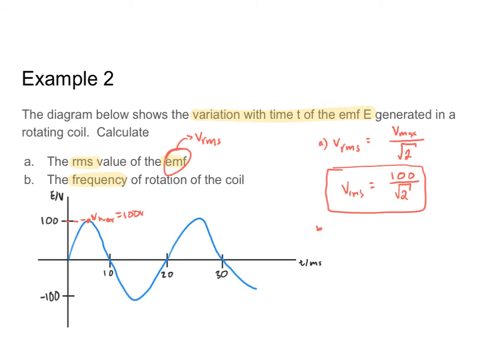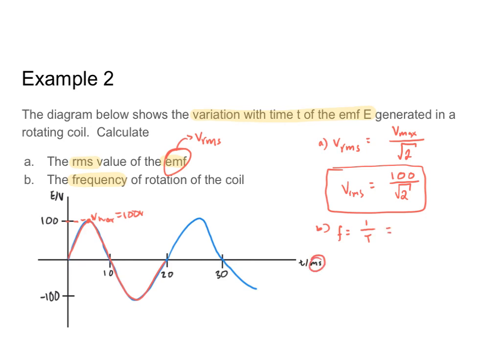Second, we want to find the frequency of our coil. To remember how to do this, you guys are going to have to go way back to last year and review topic 6. In topic 6, circular motion, we learned that frequency is equal to 1 over period, or 1 over the time it takes to go through one full cycle. Looking at my graph, I can see that one full cycle takes 20 milliseconds.